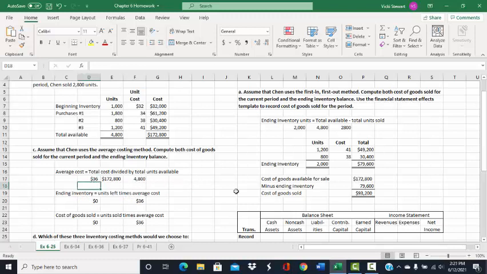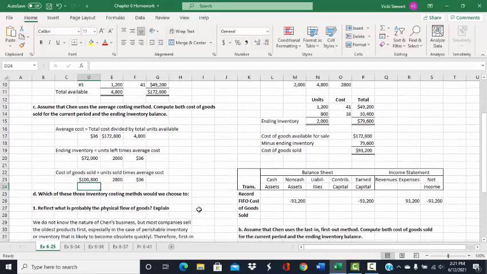And that gives us our average cost per unit of $36. Then we multiply that amount by the number of items that are left in the ending inventory, which is 2,000, to get ending inventory cost, and we multiply the number of units that we sold by the average cost to get cost of goods sold.